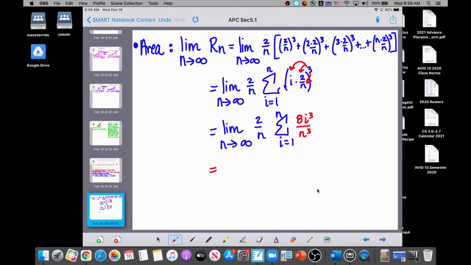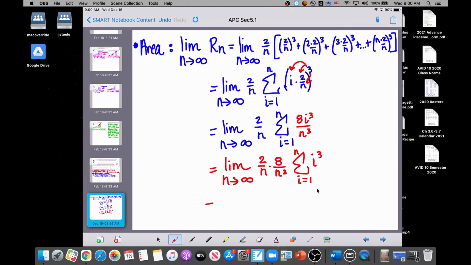So my almost last step here is going to be, this is the limit as n approaches infinity of, I've got the 2 over n times, I'm also going to bring the 8 over n cubed out in the front, because again, the summation doesn't depend on n, it depends on the values of i that we are plugging in. And I still have the sum from i equals 1 to n of i cubed.